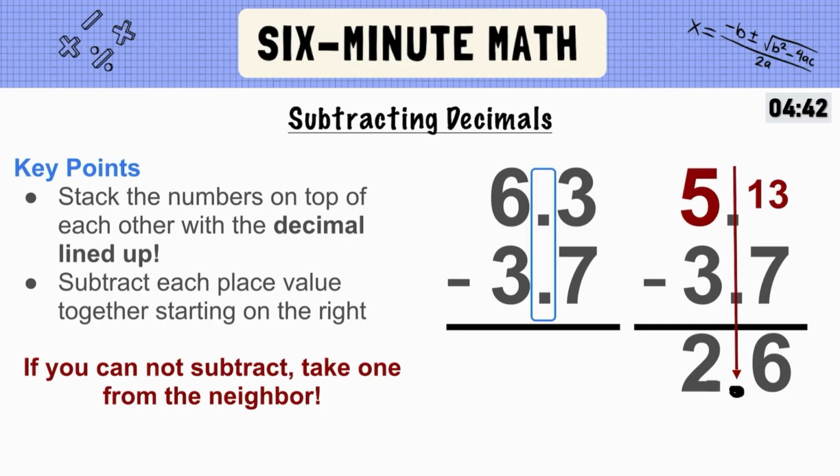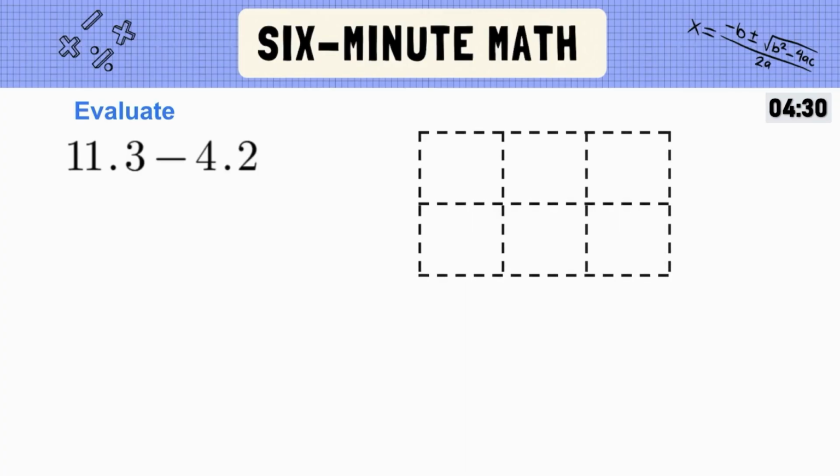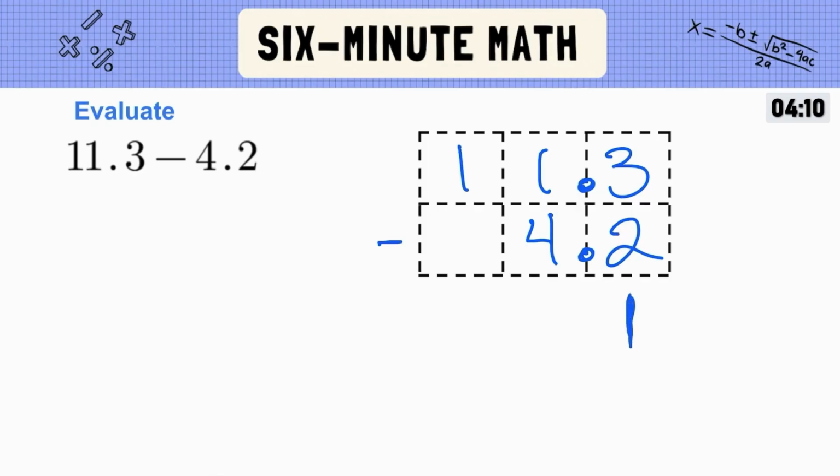So let's see some examples. We are going to evaluate 11.3 minus 4.2, and I have a handy place value chart to help me. I'm going to have 11.3 on top, 4.2 on the bottom, and I'm going to subtract those two numbers. 3 minus 2 is 1.